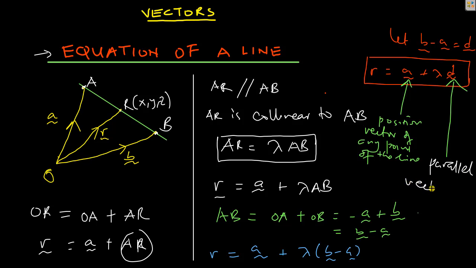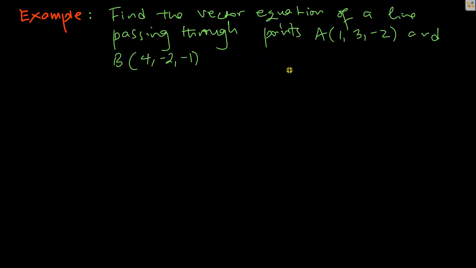The parallel vector, I also like to call the directional vector of the line. In other words, you need one point on the line and the direction where the line is heading. So let's see how this is actually used in practice. We'll do this example here.